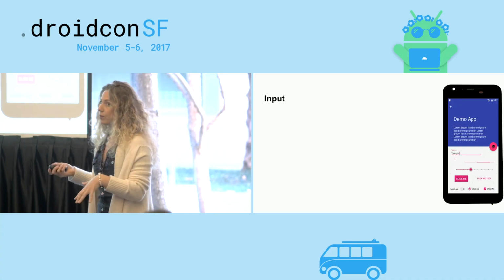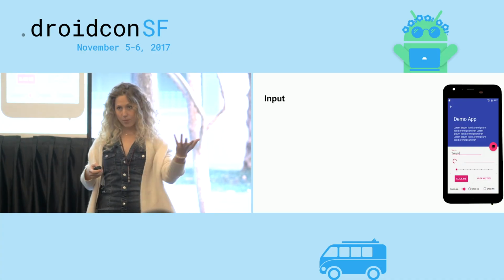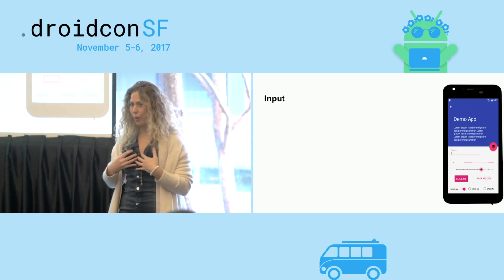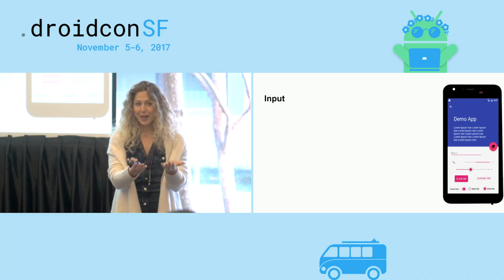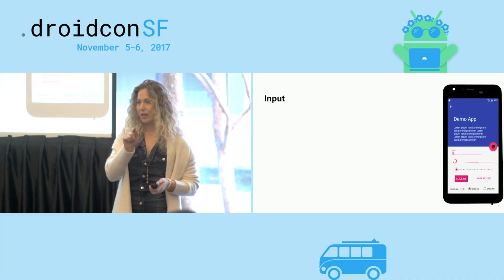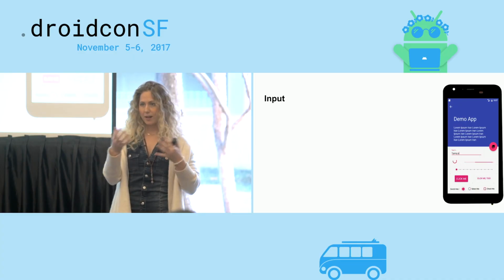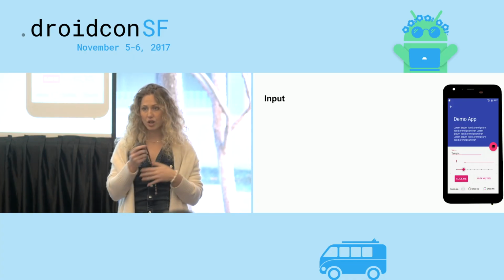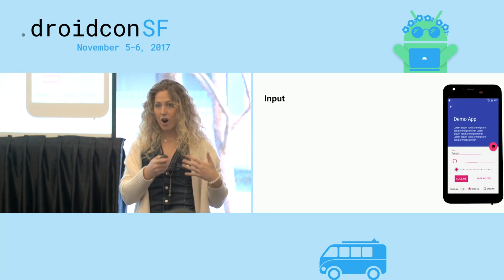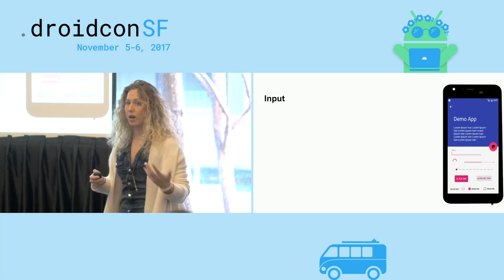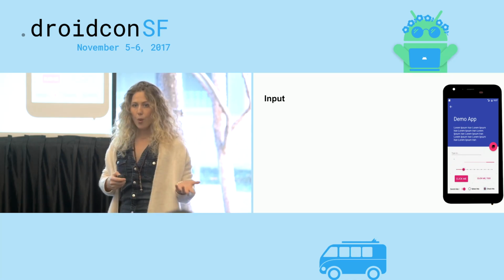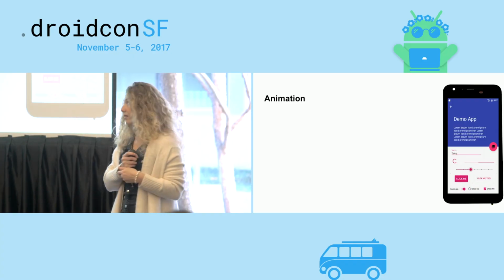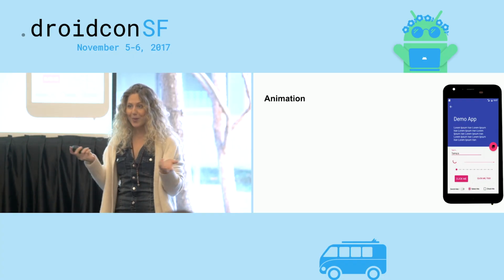So this is the input stage, and many times the inputs, obviously, they trigger some animation. This is like our way to tell the users, we got your input, right? If you click on a button, we have some kind of animation, maybe a ripple effect or anything like that, a change of colors. So many times there are animations. So the second thing we want to do after the input, we're going to process the animation, calculate everything that needs to be there, and do all the callbacks and everything like that.